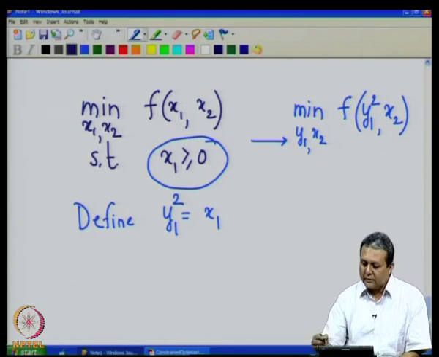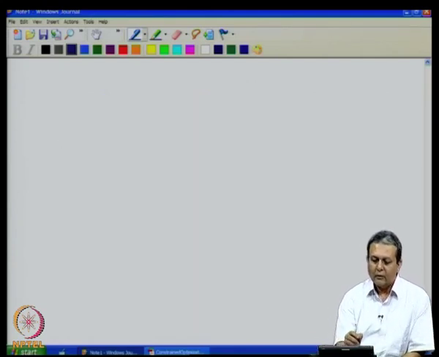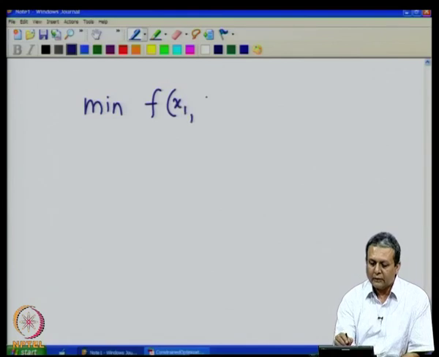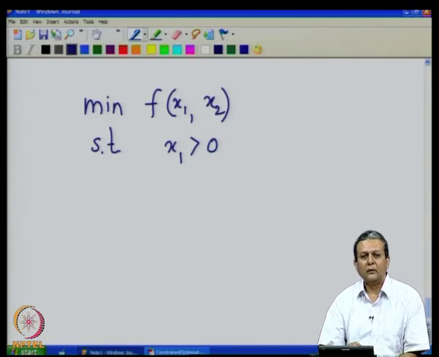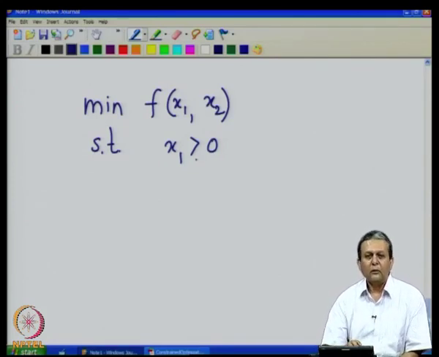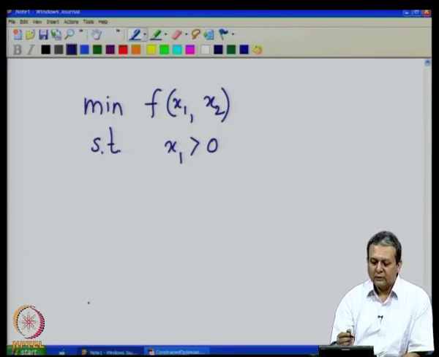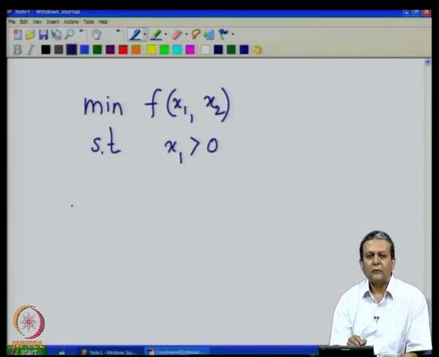Now, sometimes we may want to solve the following problem: minimize f of x1, x2 subject to the constraint that x1 is greater than 0. So, now we are interested in those x1s which are strictly positive. So, here one can use a new variable.